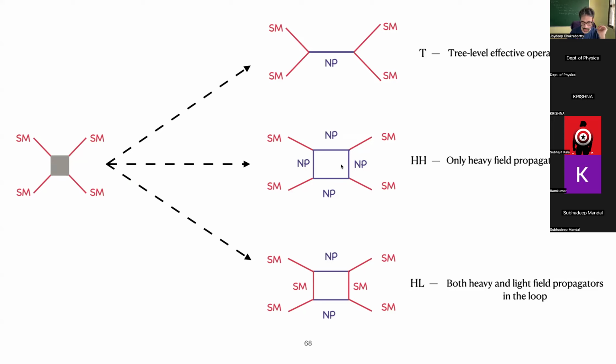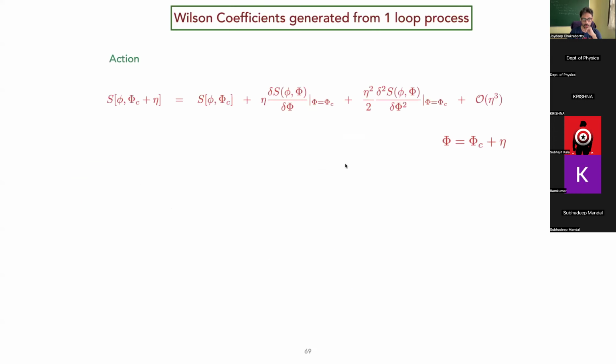Okay. So once we have this idea of what is the tree level, what is the heavy loop, and what is the heavy-light mixing, what we'll do, instead of this diagrammatic approach, is use the background field method and the functional method.